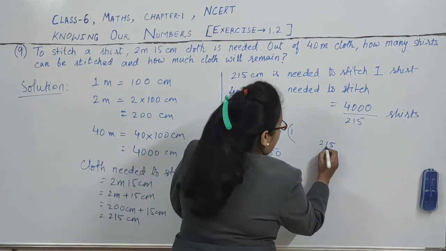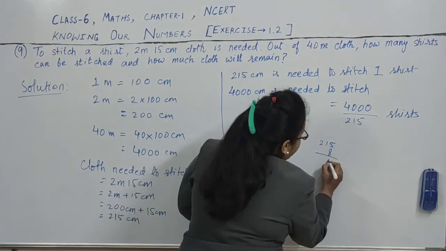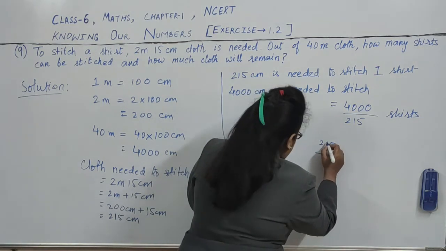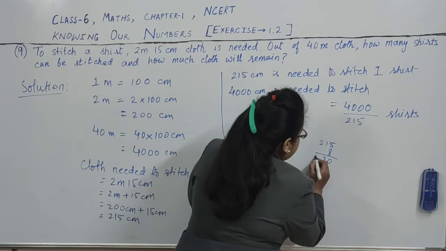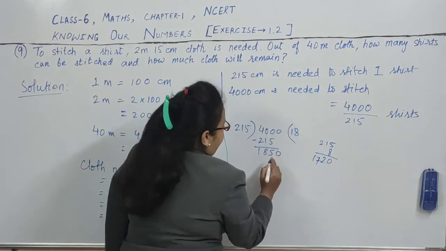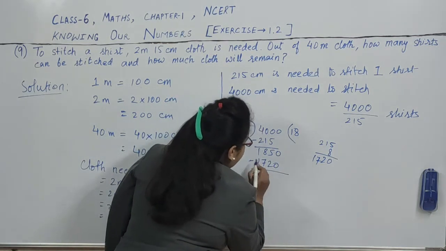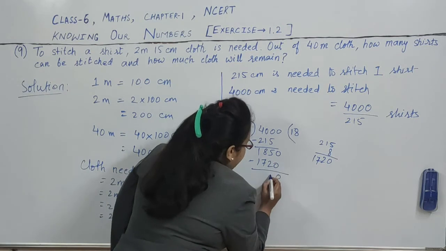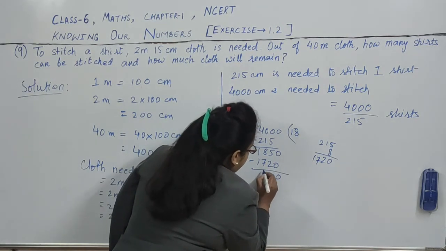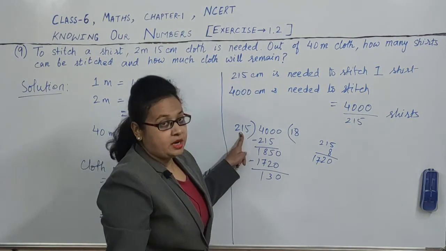Now we check 215 eights: 8 fives are 40, 8 ones are 8, 12, 1 carry, it was 16, 17. So 215 eights are 1720. Now we will do subtraction. 5 minus 2 is 3. This is 1. So now this is 130 and this is 215.